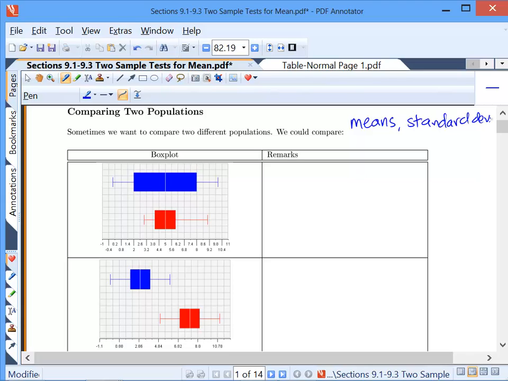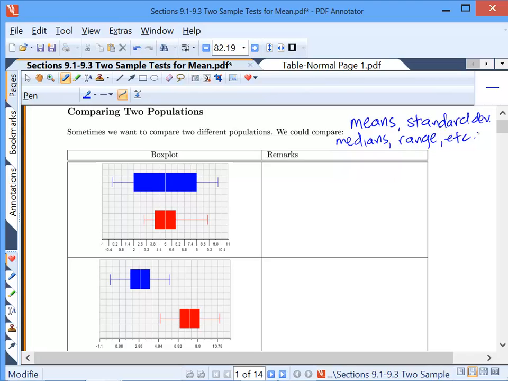What other things can we compare? Mean, standard deviations. We could also compare medians, range, etc. Basically, any statistic you can think of, you could probably compare.